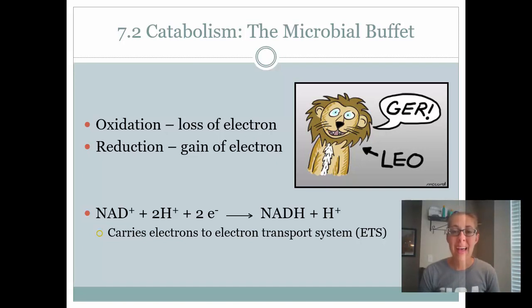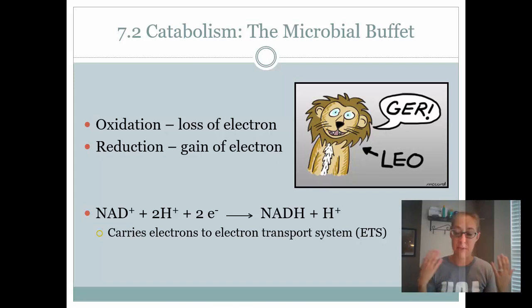So Leo, L-E-O, helps you remember that a loss of electrons is oxidation. GER, what the lion says, stands for a gain of electrons is reduction. It's counterintuitive that gaining electrons, gaining anything, is a reduction.